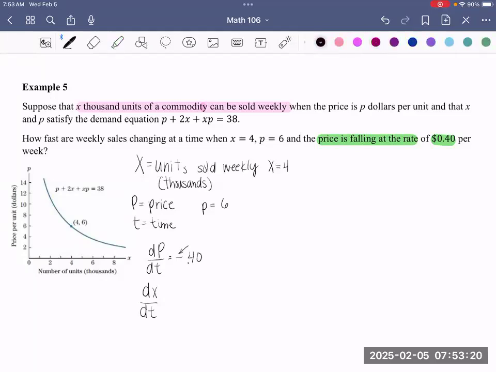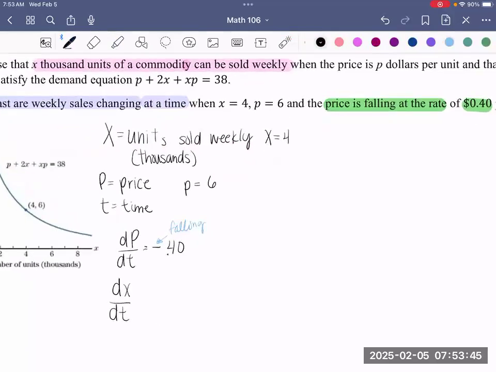So we now have some sort of negative measure. Therefore, what are we trying to find? Well, we want to figure out how fast the weekly sales are changing. We said weekly sales is that unit for x, weekly sales at some sort of a time function.